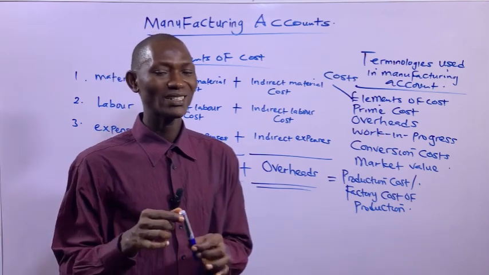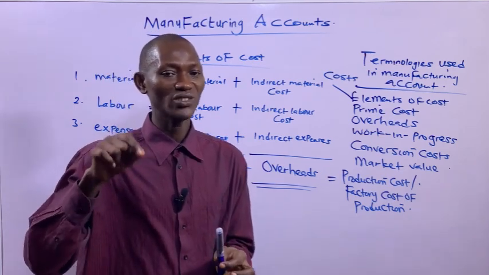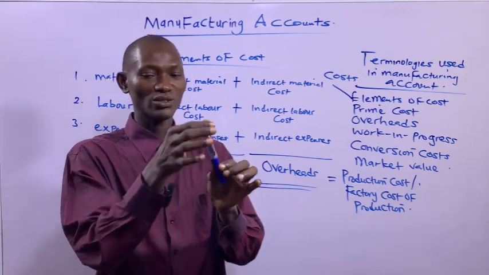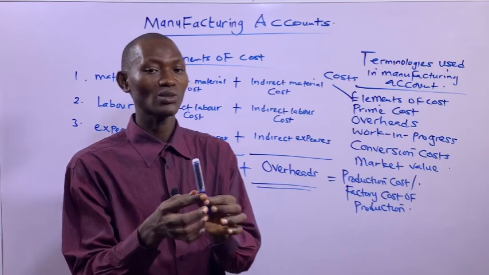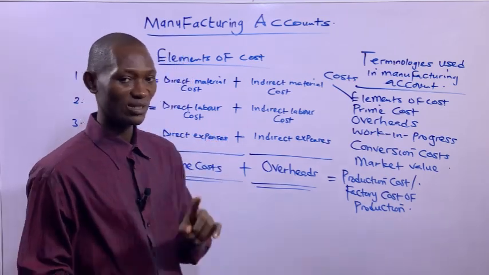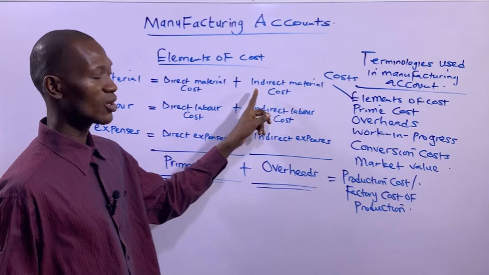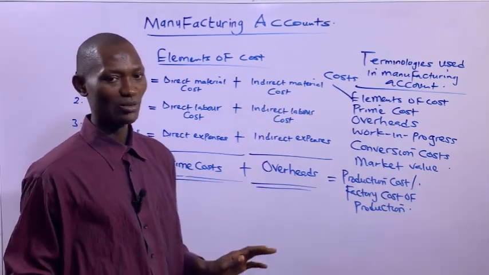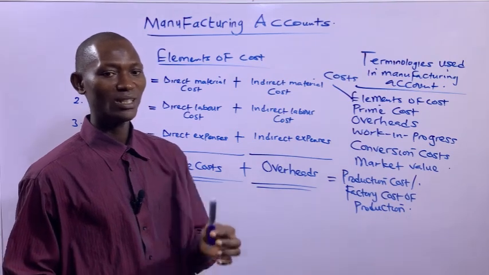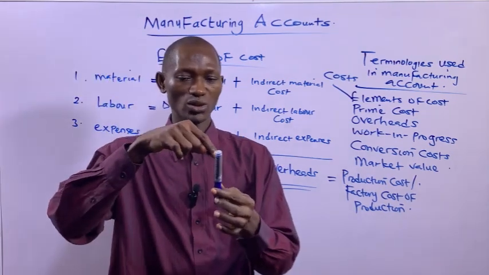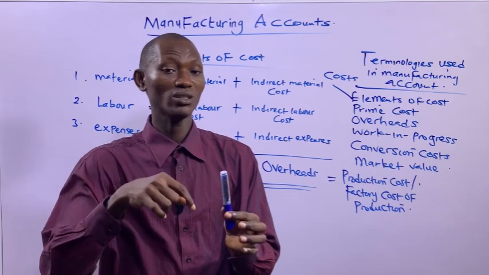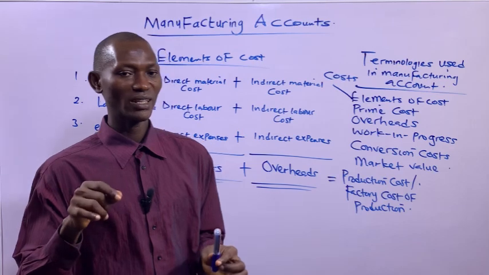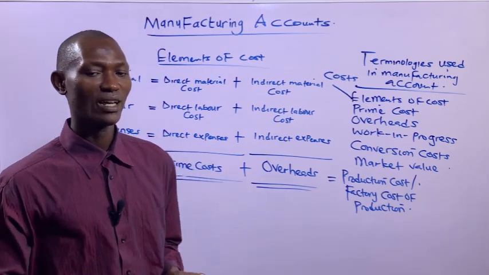But that receipt cannot be found on this marker which we produce. So the cost of producing that material receipt is called indirect material costs. Any material that cannot be traceable to the production of that particular commodity a business produces is regarded as indirect material cost.